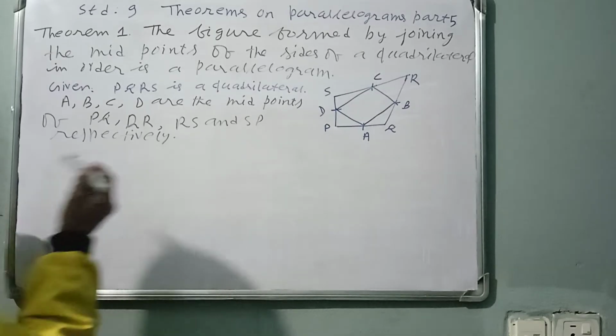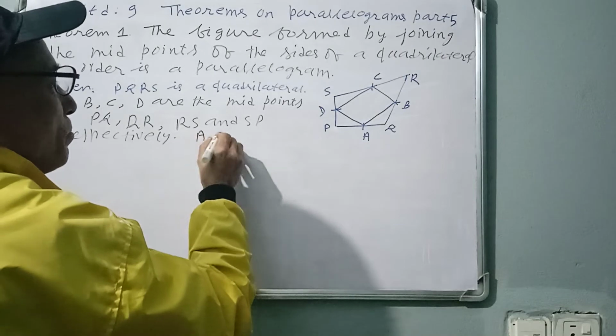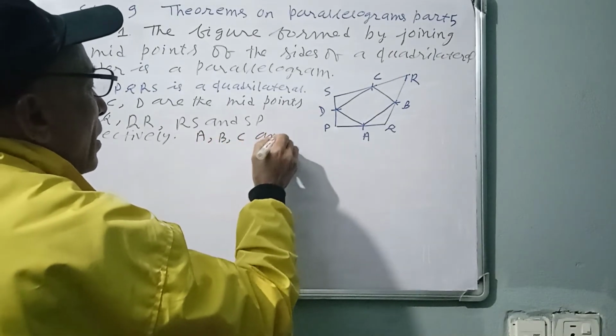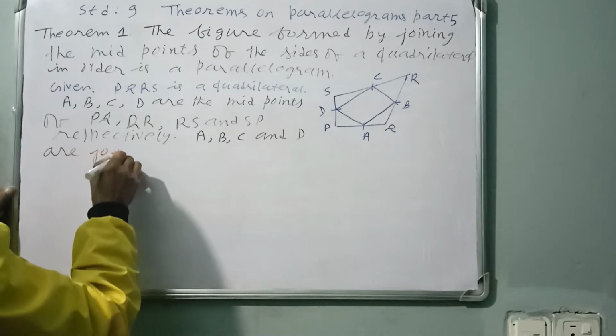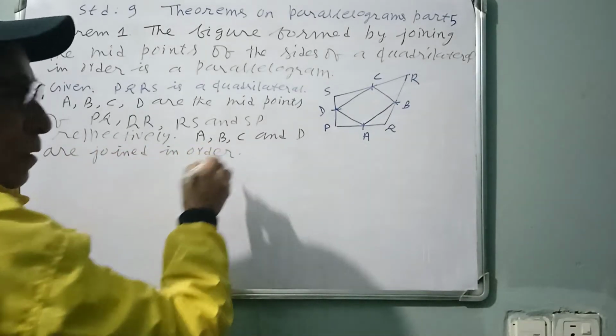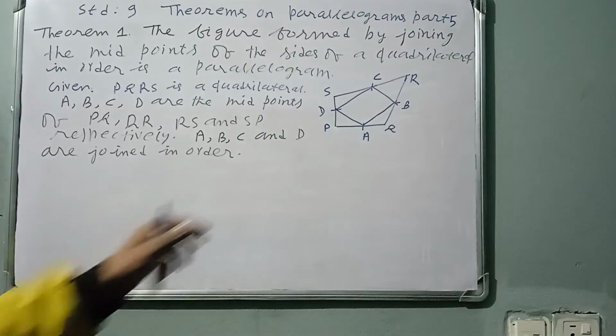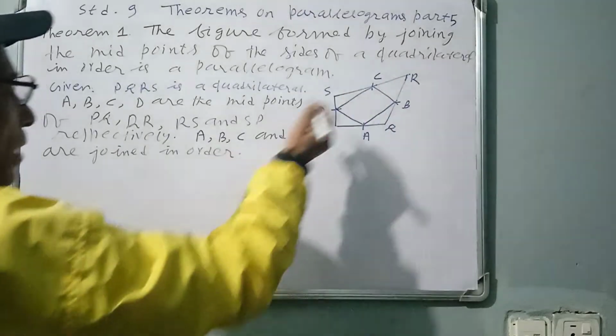And what to prove? And what is given? A, B, C and D are joined in order, as shown.